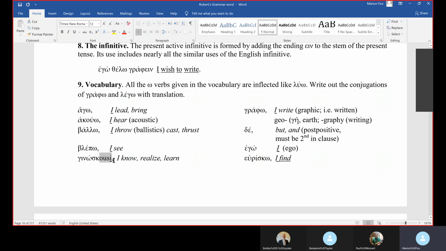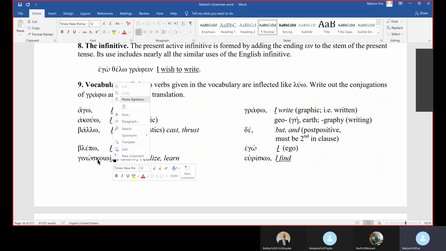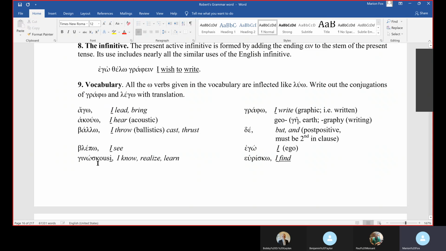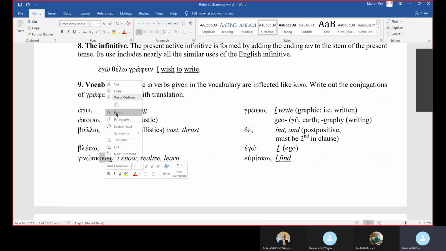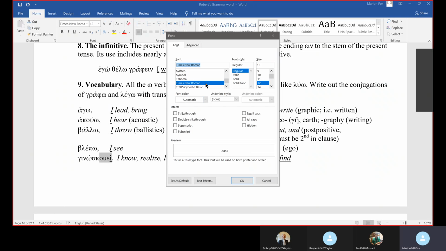Change that font. Lovely. I'll change the font here just one time, to show you we can do it. You change the font into symbol font, and that'll make it into a Greek symbol. If I can get it to change. It won't click on it.